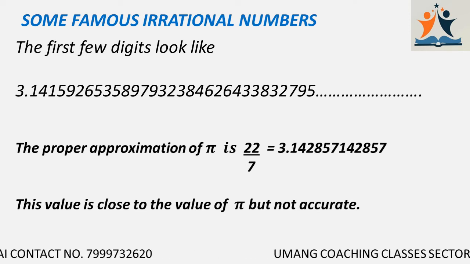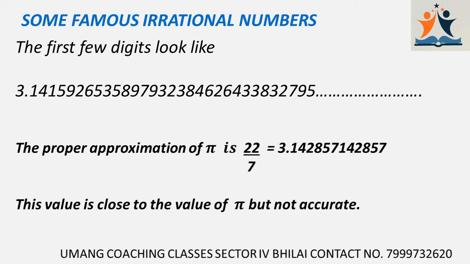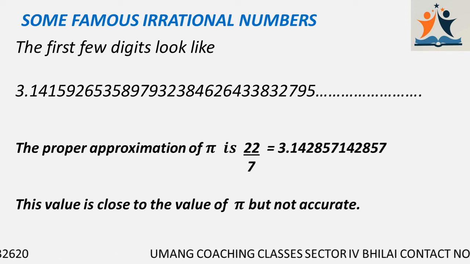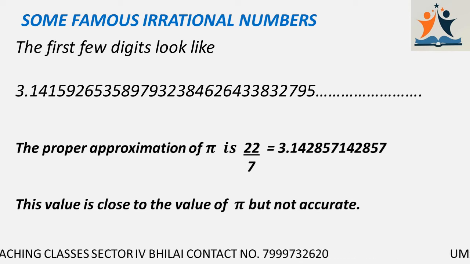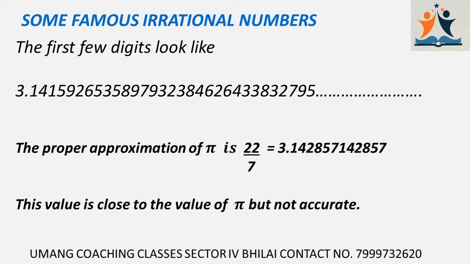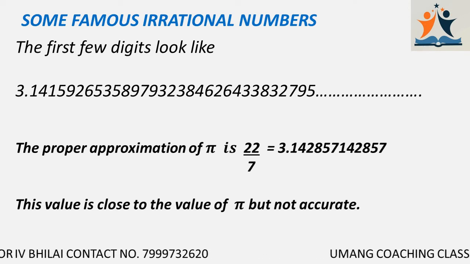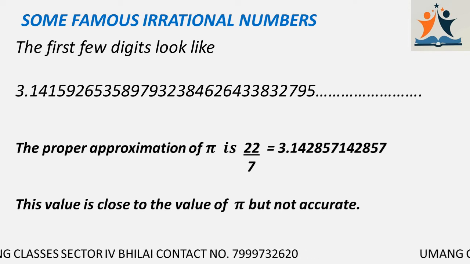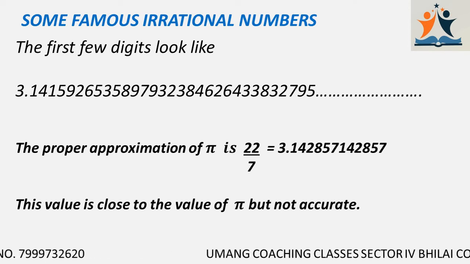Now see it carefully: this 22 by 7 will be equal to 3.142857. This value is closer to the value of pi, but not accurate. Okay, look at this value carefully. This value is closer to the value of pi, but this value is not accurate.